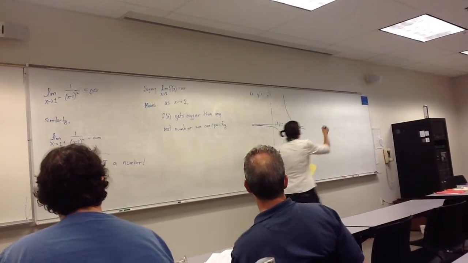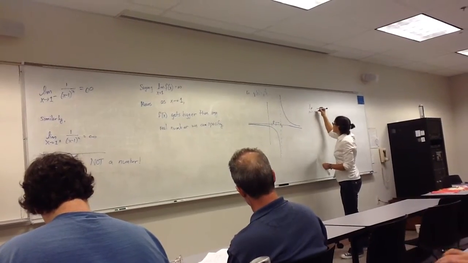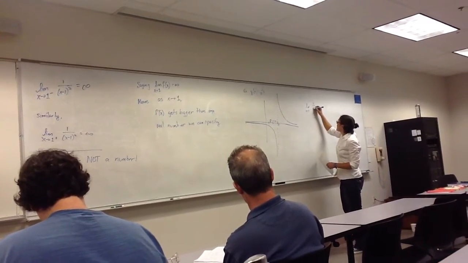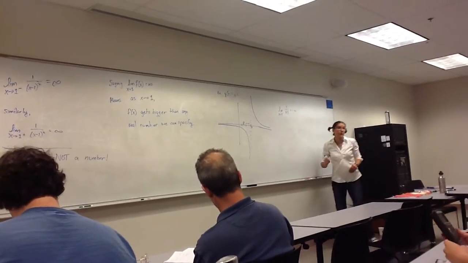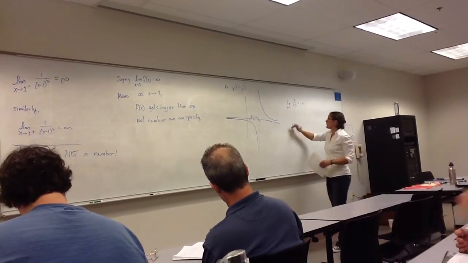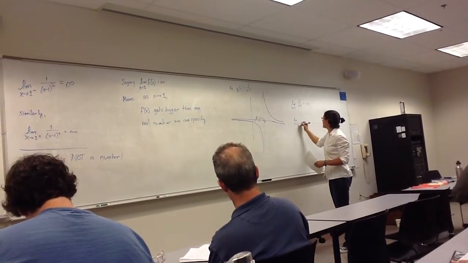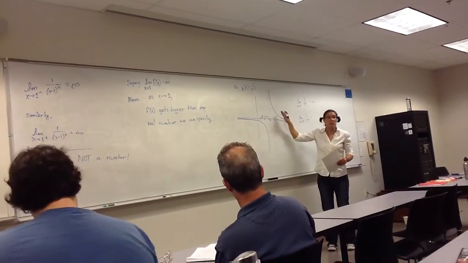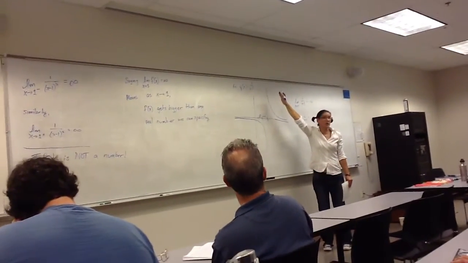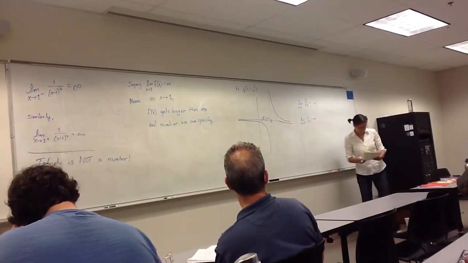And so here I would say that the limit as x approaches 3 from the left of 1 over x minus 3 is equal to negative infinity. But approaching from the right-hand side, we've got the limit as x approaches 3 from the right of 1 over x minus 3. Well, approaching from the right, our y values are getting larger and larger in a positive direction. So that's equal to positive infinity.